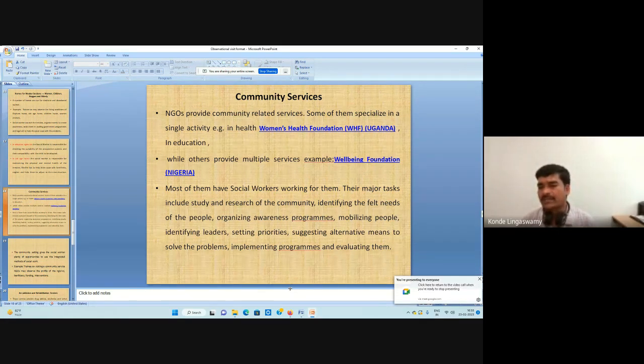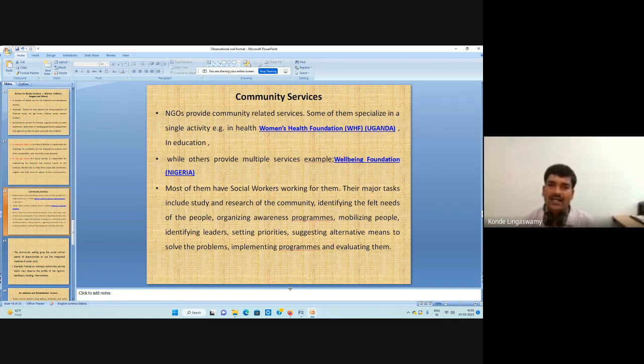Their major tasks include study and research of the community, identifying the felt needs of the people, organizing awareness programs, mobilizing people, identifying leaders, setting priorities, suggesting alternative means to solve the problems, implementing programs and evaluating them.